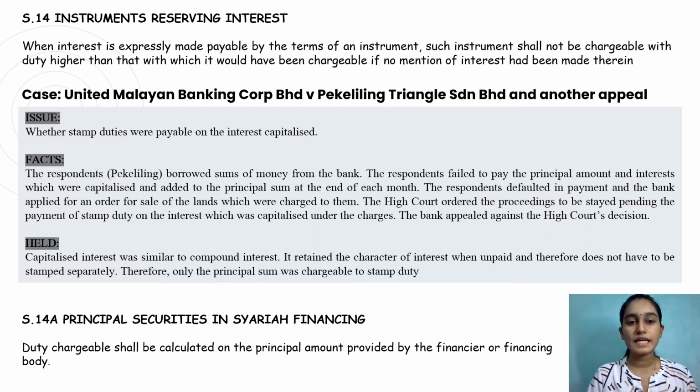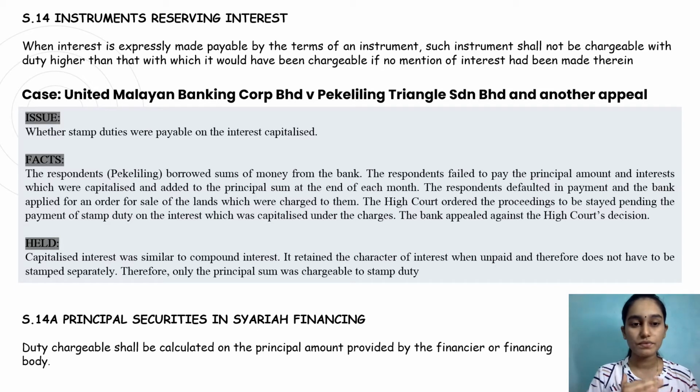The principal issue was concerned with the construction of Section 28 of the Act, that is, whether interest which is capitalized under a charge document still retains the character of interest, so that stamp duty is chargeable on the original loan amount only under Section 28 subsection 1 of the Act. Another principal issue related to Section 14 raises the question whether such capitalized interest is interest for the purpose of Section 14 of the Act, so that no stamp duty is chargeable on it.